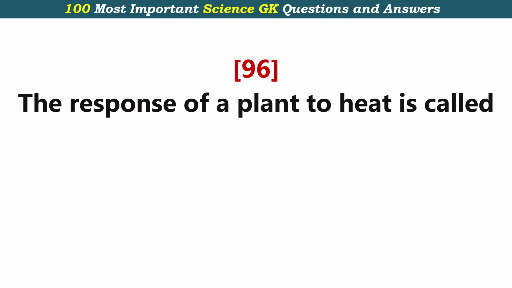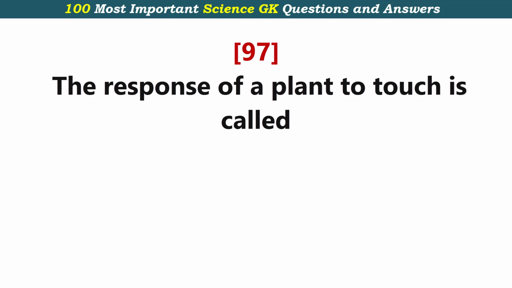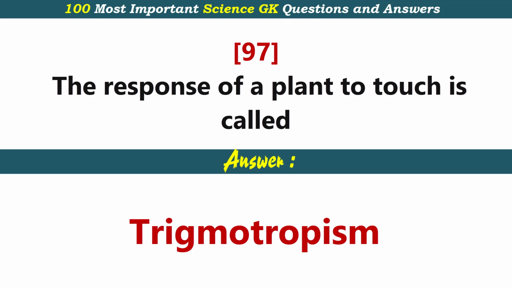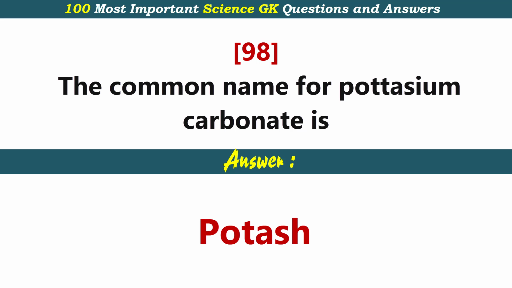The response of a plant to heat is called? Answer: Thermotropism. The response of a plant to touch is called? Answer: Stigmotropism. The common name for potassium carbonate is? Answer: Potash.